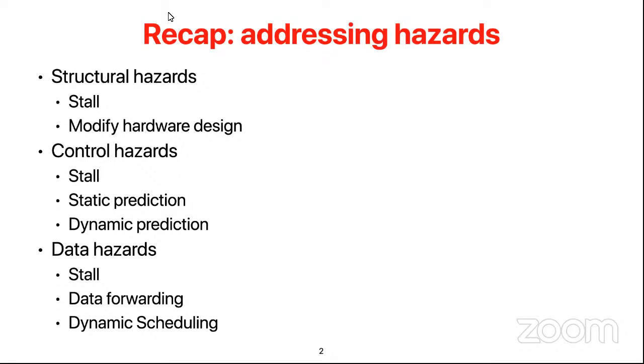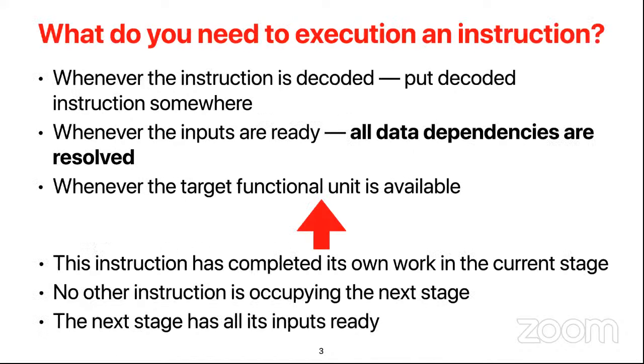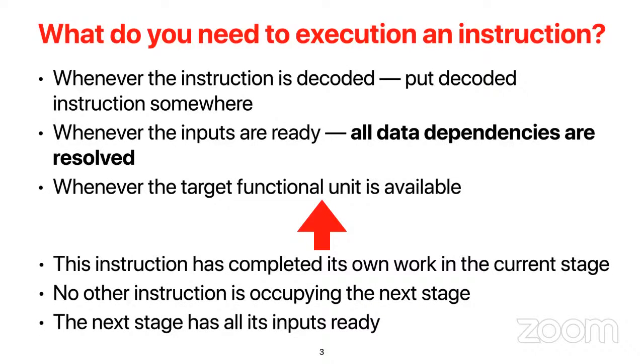We have been talking about the solutions to address the first two. And then in the last lecture, we talked about a better way to address data hazards, which is dynamic out-of-order execution. The basic idea is that for an instruction, if you want to execute it, first of all you know what that instruction is, meaning the instruction is decoded, and whatever inputs you need are ready, meaning we don't depend on anything anymore, and you have a functional unit available for you to use.